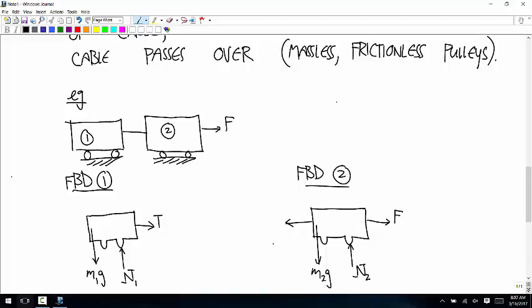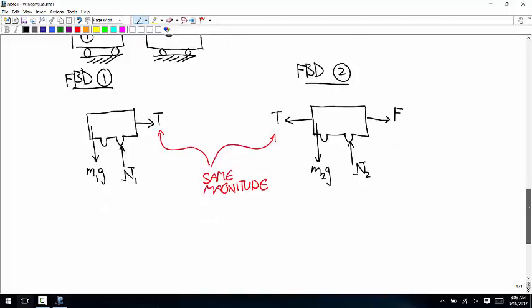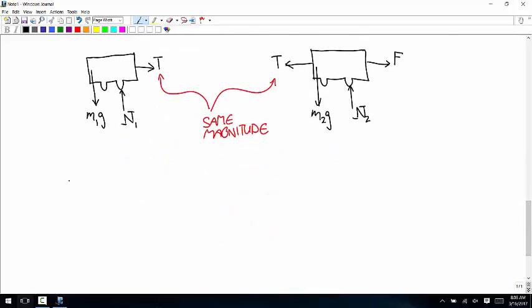The key thing is with this cable, the force magnitude is the same here that it is here. So now let's see what happens. These have the same magnitude. So here's an example with pulleys.